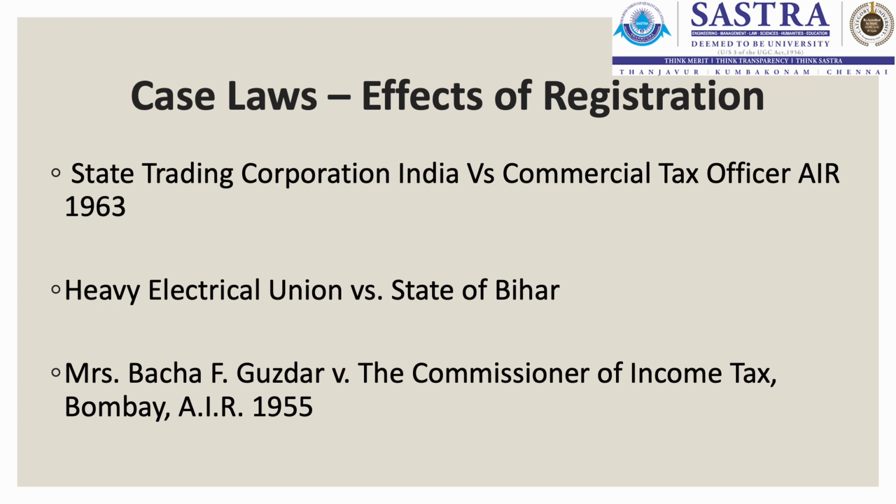Mrs. Guzdar was getting dividend from the company as she is one of the members of the company, and she was asking for exemption for the dividend which she had been getting from the profit of the company.